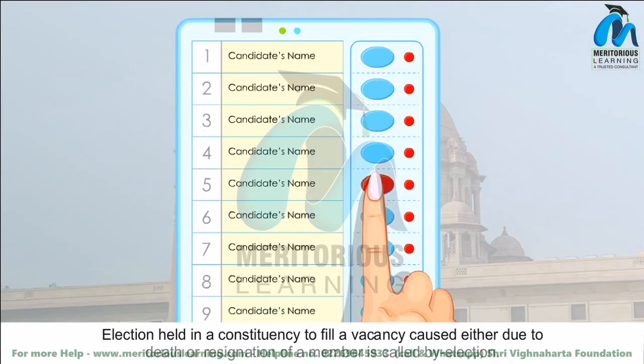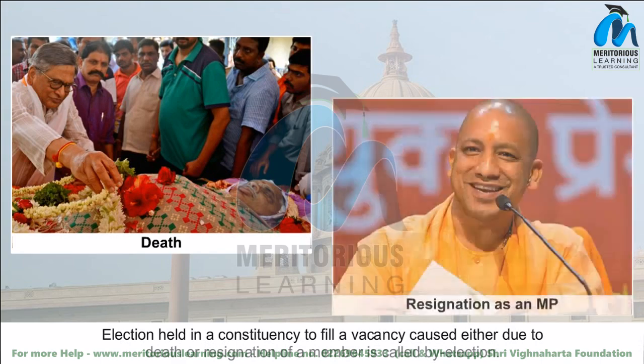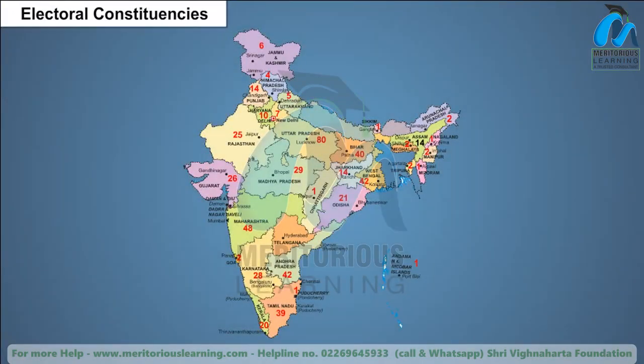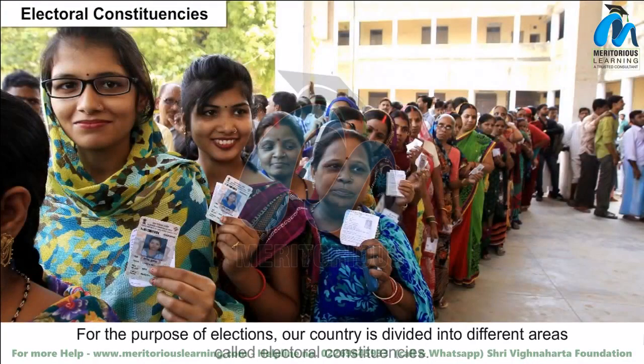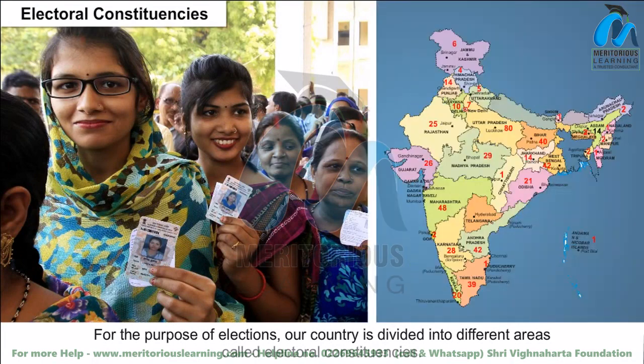Election held in a constituency to fill a vacancy caused either due to death or resignation of a member is called by-election. Electoral constituencies. For the purpose of elections, our country is divided into different areas called electoral constituencies.